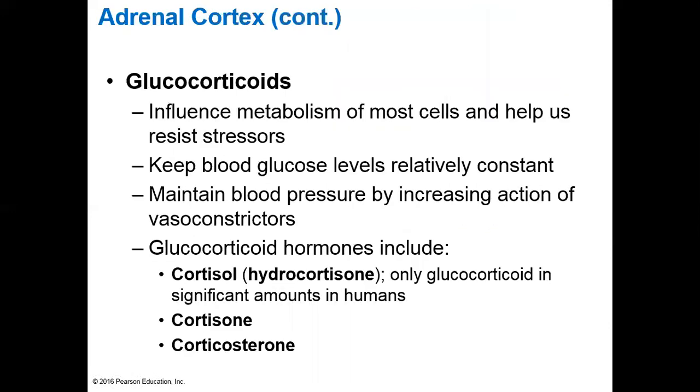All right, then we're going to move to the glucocorticoids, and surely this has something to do with glucose. What? No way. Anyway, so these maintain your blood glucose. Keeps them relatively constant. Who knew? Anyway, we have glucocorticoid hormones that include cortisol, which you've probably heard of, because cortisol is pretty effective, and they market products able to control cortisol for people who are trying to lose weight, right?